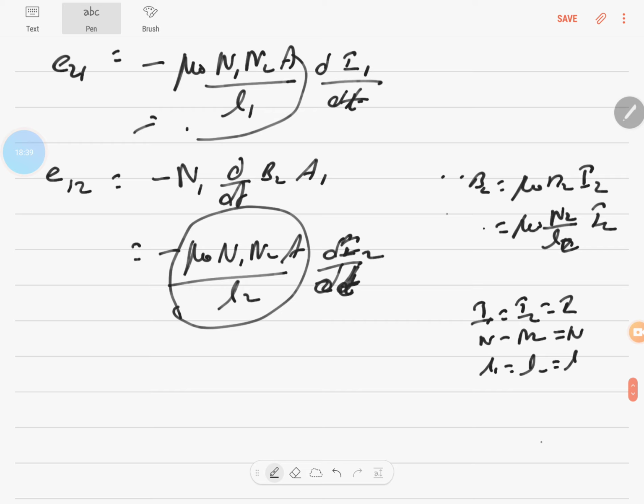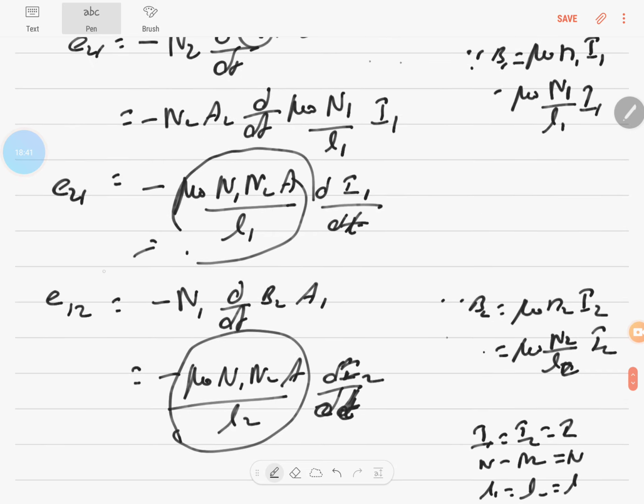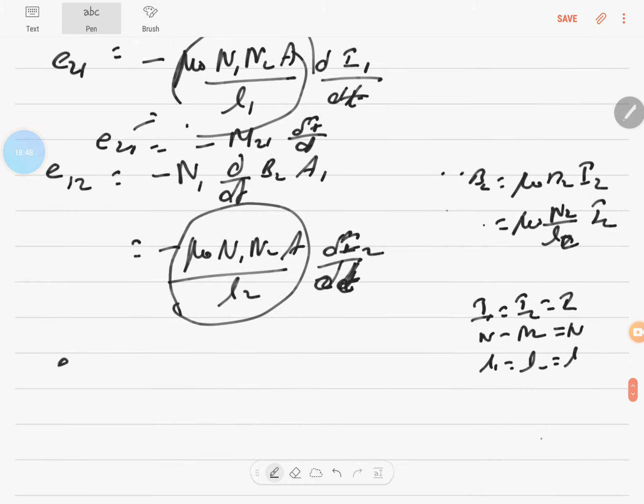And this is the mutual inductance, because it comes as E21 is equal to minus M21 into dI by dt, and this is like E12 is equal to minus M12 into dI2 by dt.